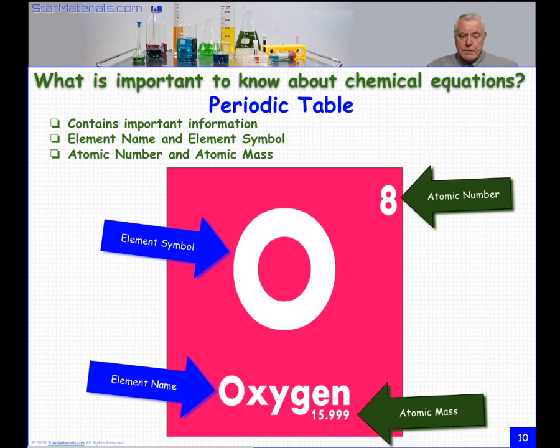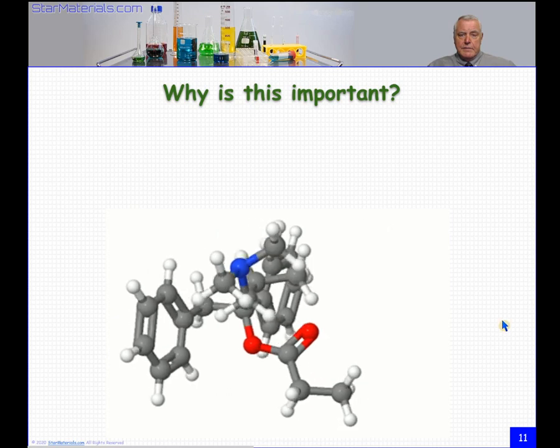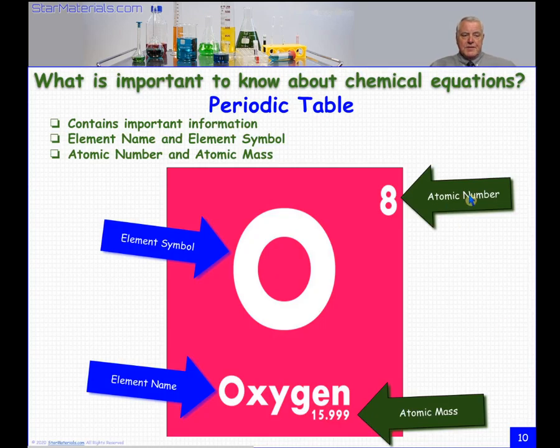The atomic number is the number of protons in the nucleus. The atomic mass is the amount of stuff in the nucleus, which is the protons and neutrons. It gives you a lot of information.